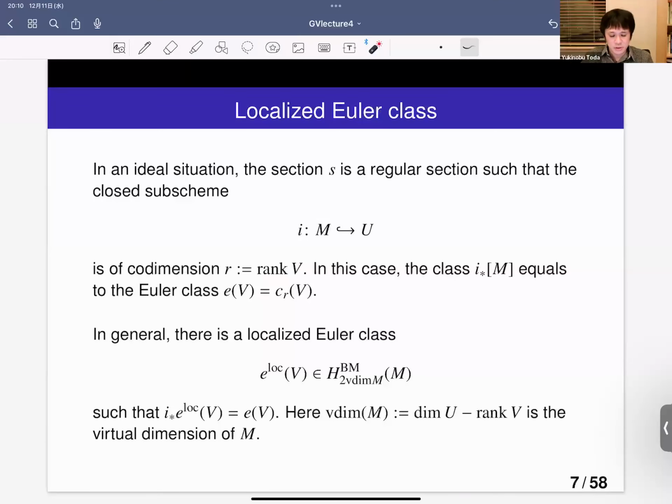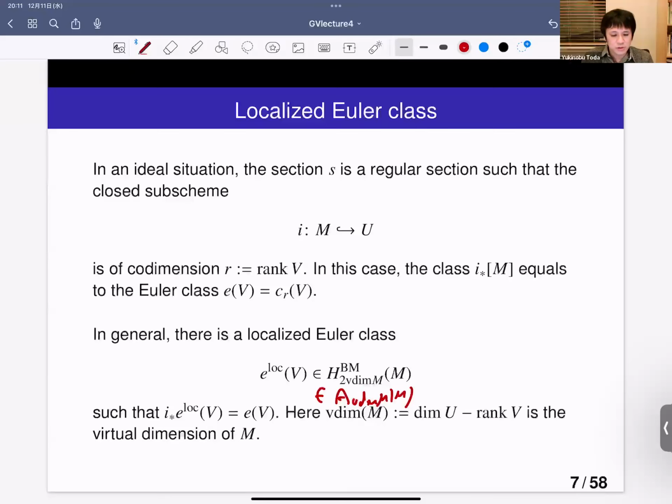But in general, there is also a class, not on U, but on M. This is called the localized Euler class. This lies in the homology of M, or more algebraically, it can also be taken in the Chow group of M, such that its push forward equals the usual Euler class.